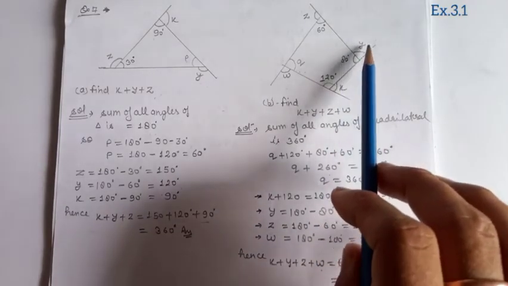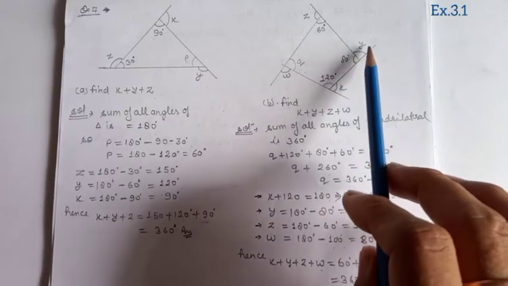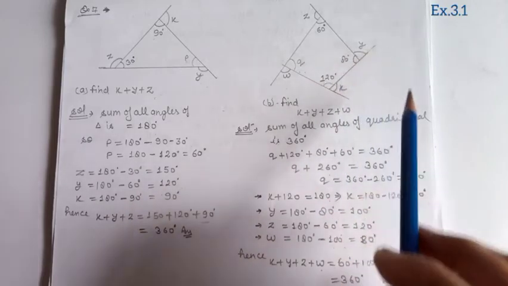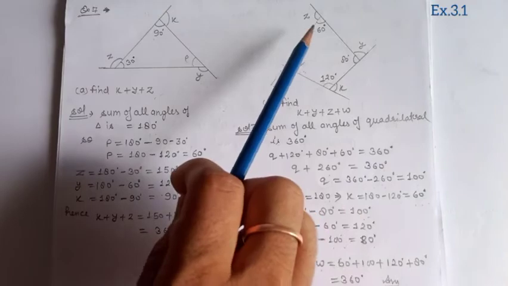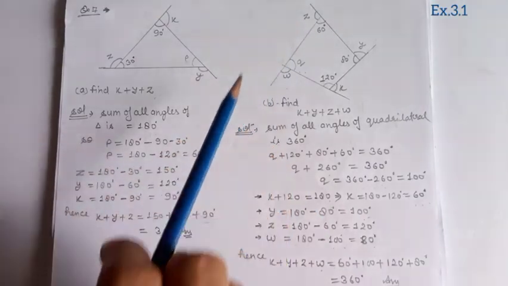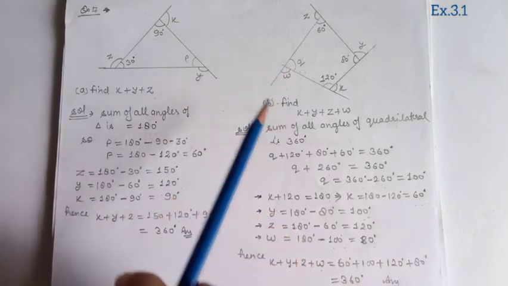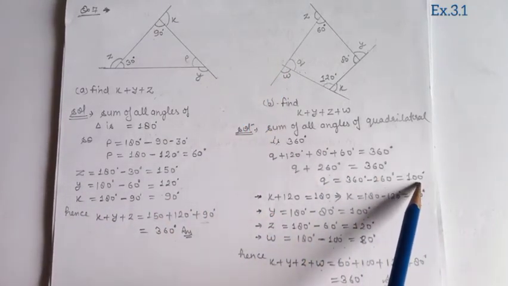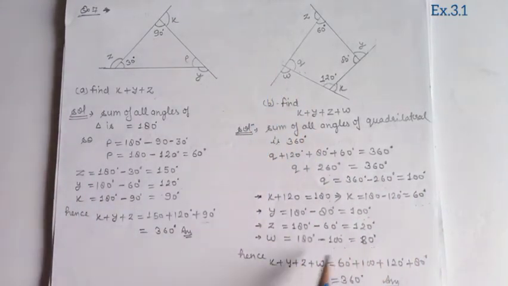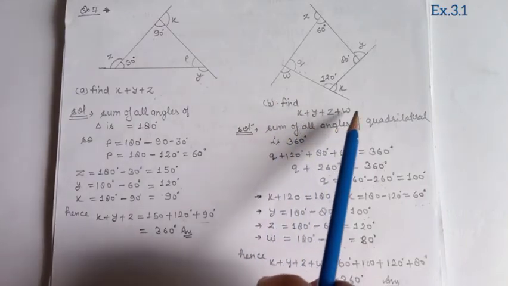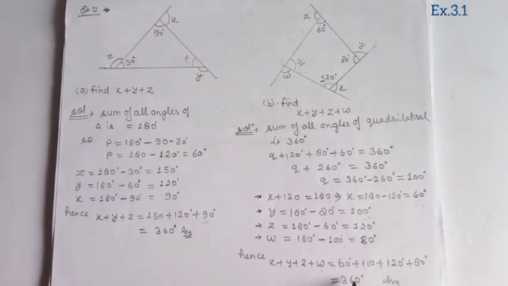In a similar way, y equal to 180 minus 80, which is 100. Similarly, 180 minus 60 is 120, so z equal to 120. And here q we found 100, so this is 80. Now we have to find the sum of x, y, z and w. Replace the values, 60, 100, 120 and 80, which is equal to 360.